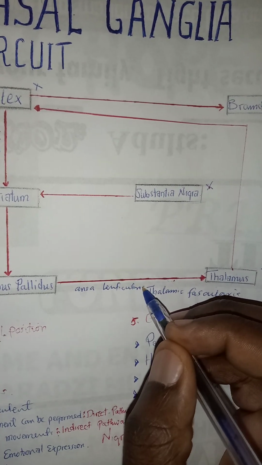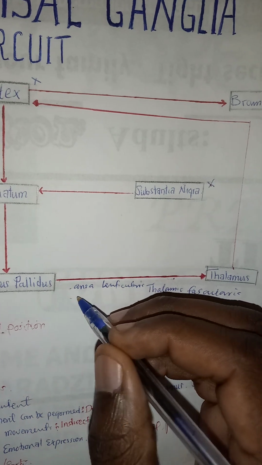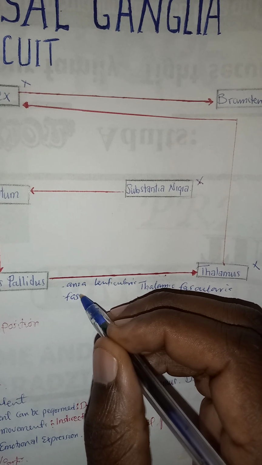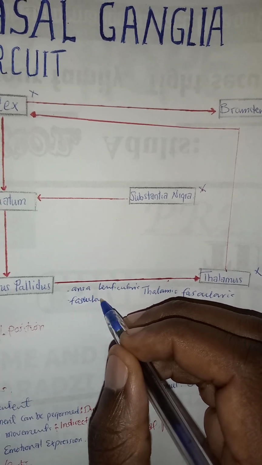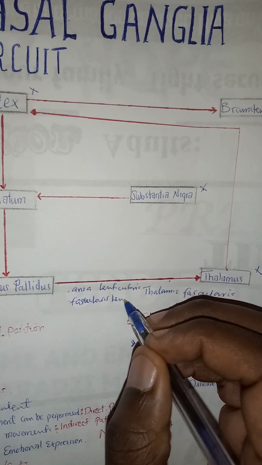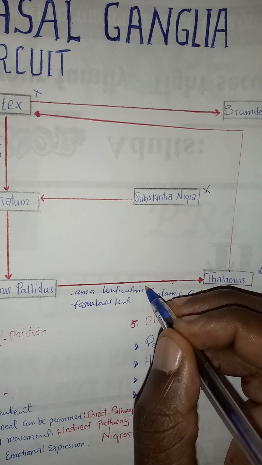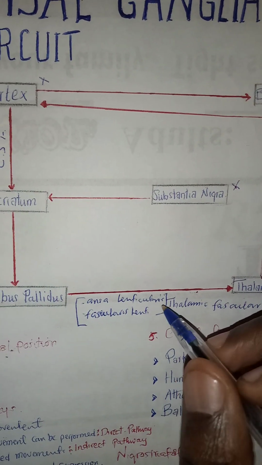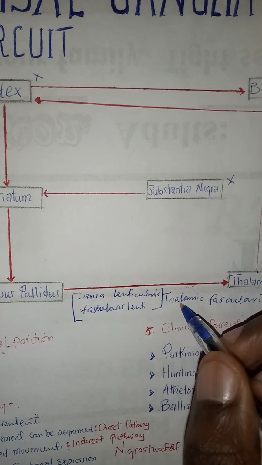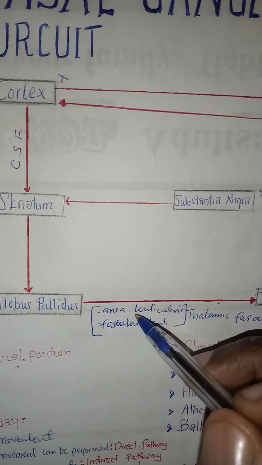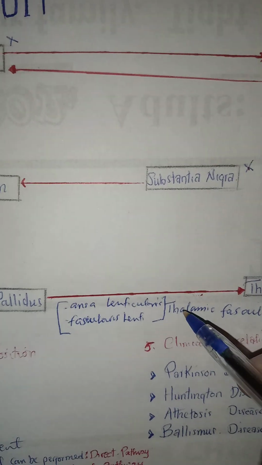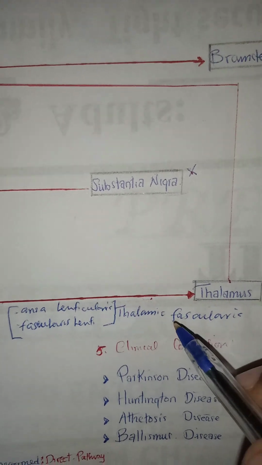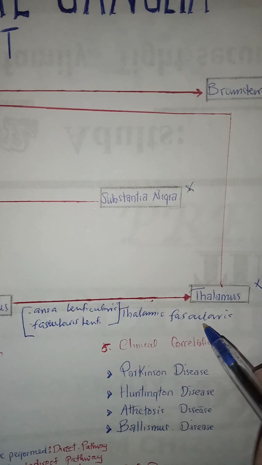Okay, so we have the ansa lenticularis, or we can also have the fasciculus lenticularis. So just abbreviate it. These two parts just form the thalamic fascicularis. So if you don't mind using these names, you can just say the fibers coming from globus pallidus to the thalamus are called thalamic fascicularis.